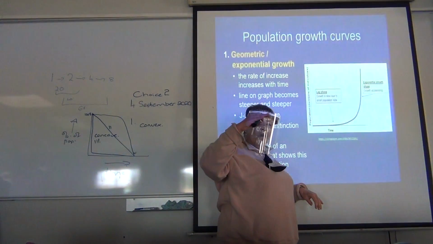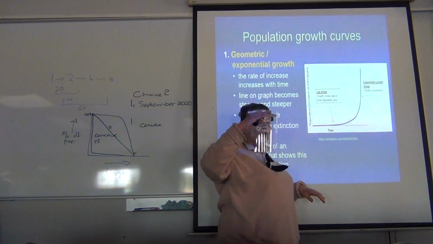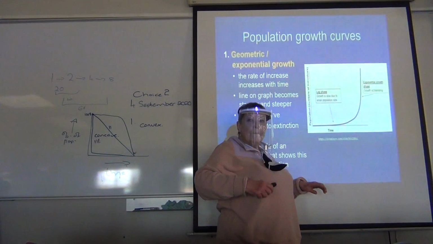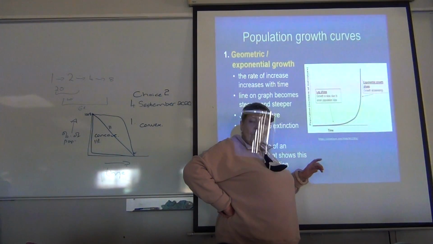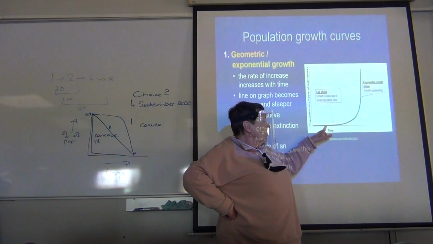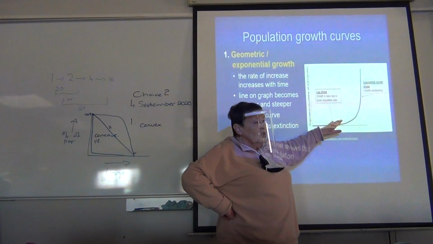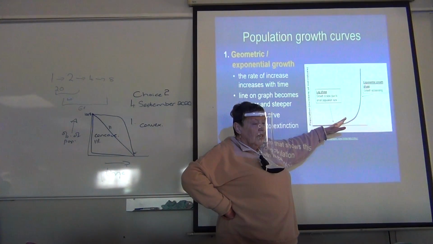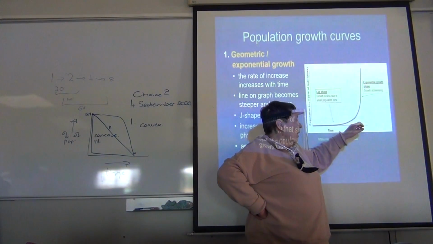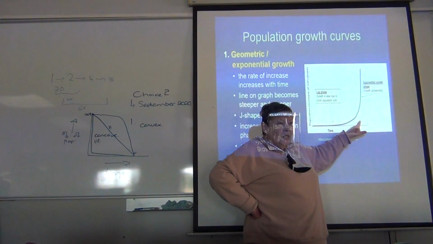The line on the graph, it's going up, but it's not steep, it's a very shallow gradient. So the fewer the individuals, the slower the rate of increase. And as soon as the number of individuals increases above a certain reasonable number, the rate of increase increases.